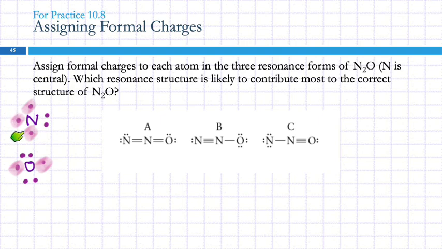Nitrogen is going to need to have 3 bonds to have 0 formal charge, and oxygen needs 2. And so we can look at this and see, well, here, oxygen has 2 bonds and an octet. So that oxygen probably has 0 formal charge. Let's check.